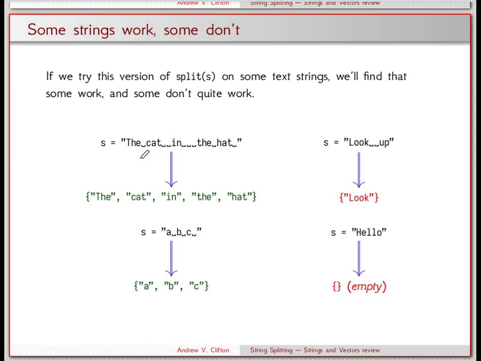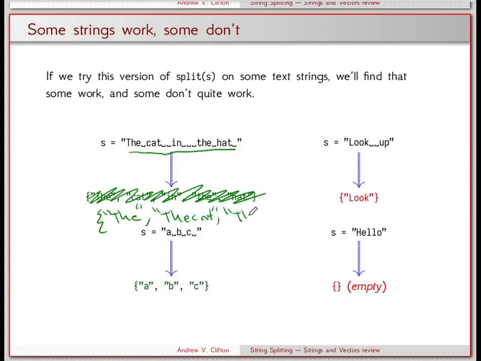Copy that, right? So if you feed this one this string, what you will get out is not this. The first word comes out okay, comes out as that, right? But the second word will come out as the cat, and then the third word will come out as the cat in, and so forth.